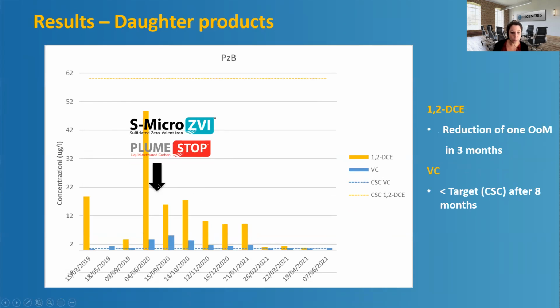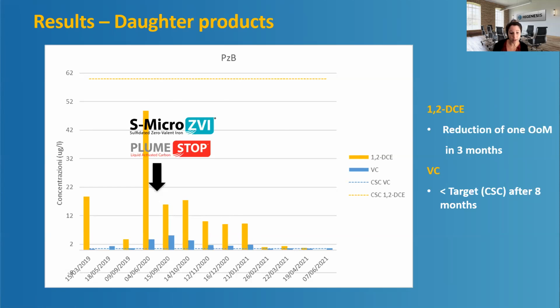The degradation process is a little slower, but I remind you that they were already present before the injection of our reactants. Even if we see it slower, DCE was already under the target concentration, but we see a reduction of 1 order of magnitude after 3 months.